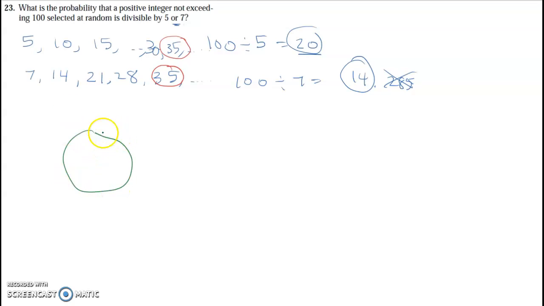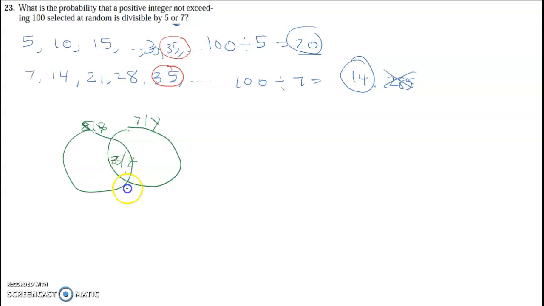This was divisible by 5, so 5 divides some number x, and this is the portion where 7 divides some number y. And we have this portion inside where it's both divisible by 5 and 7, and this is going to be 35 divides some number z, because 5 times 7 is 35, and we need to count how many there are in this intersection section.